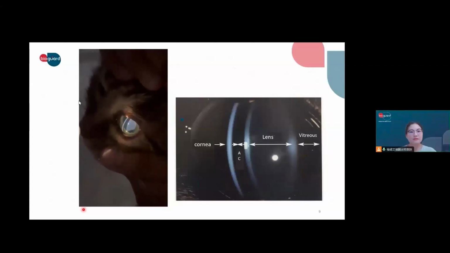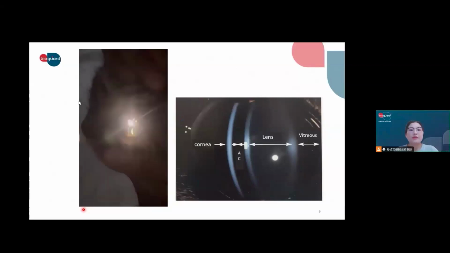You see, we use the slit light to check the eye. By using the slit light, we can determine the relative position of the cornea, the anterior chamber, the iris, the lens, and even the vitreous. So it's very important to use the slit light to check the relative position of the structures.